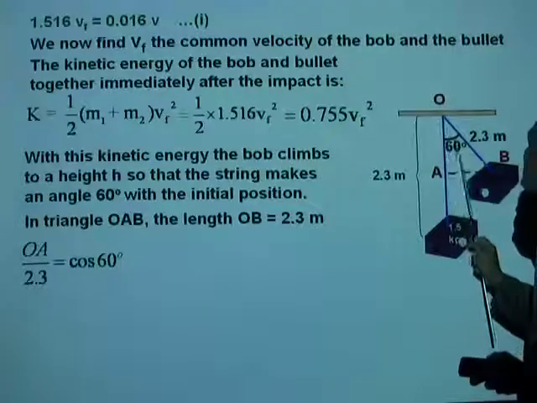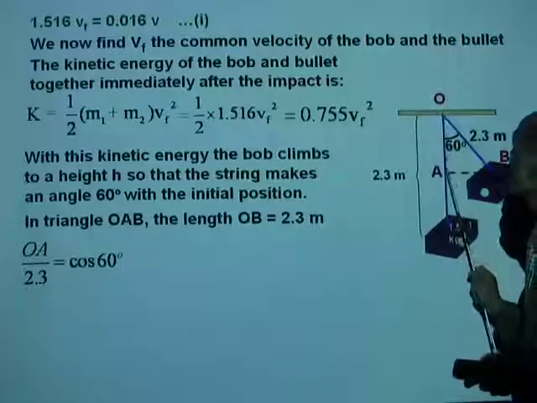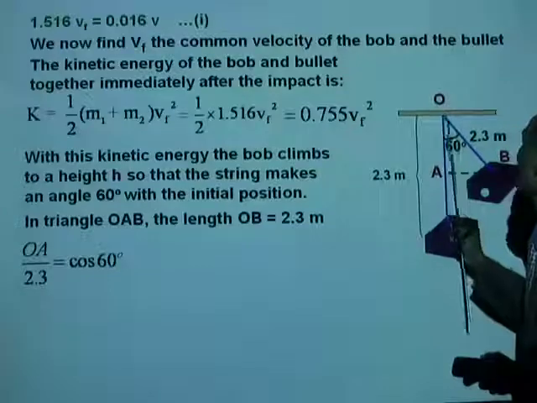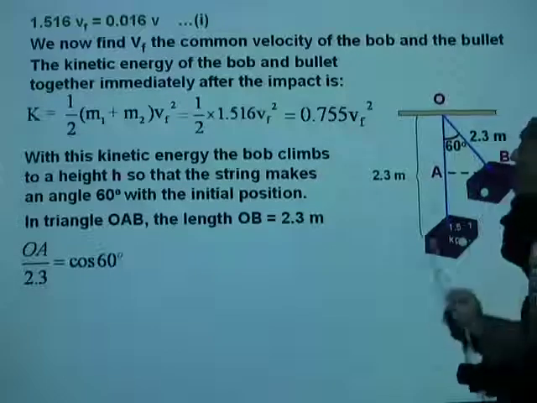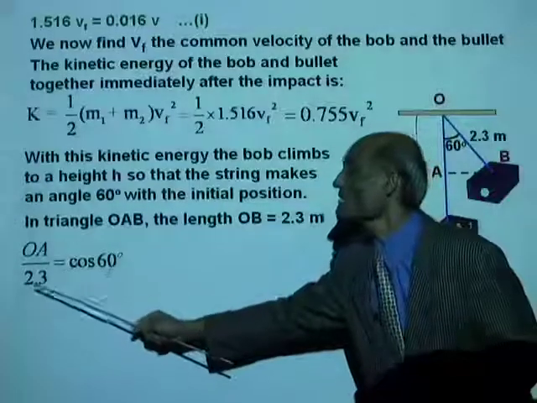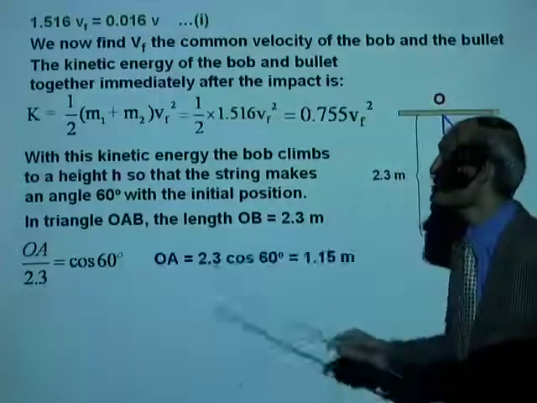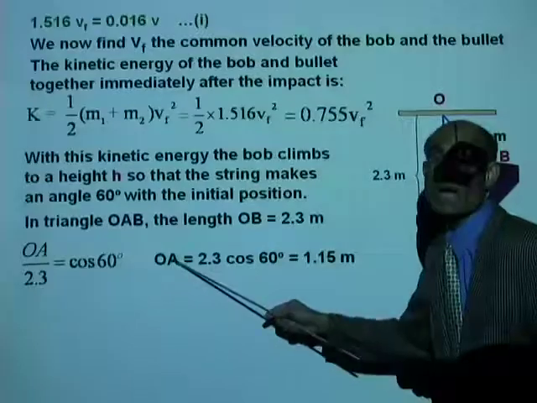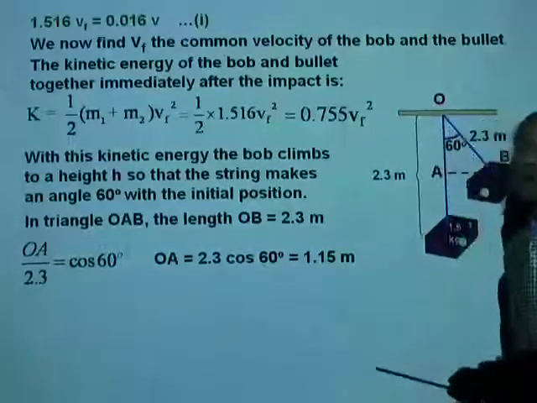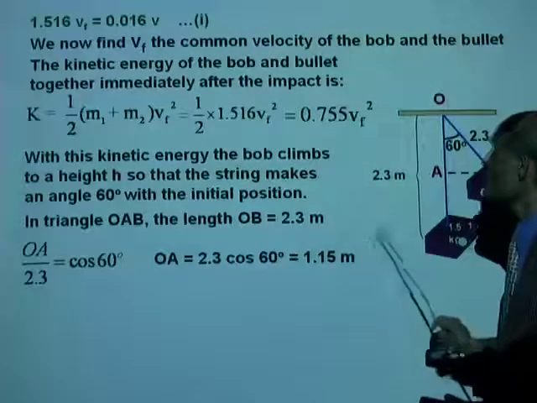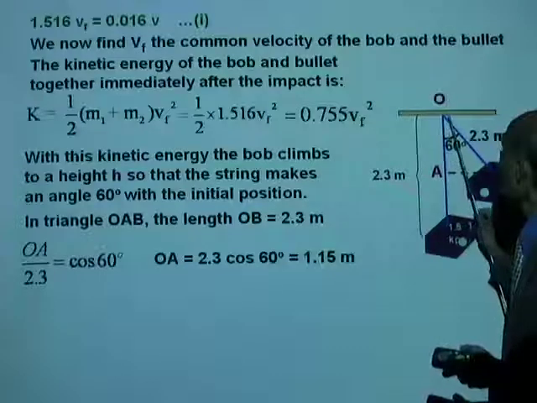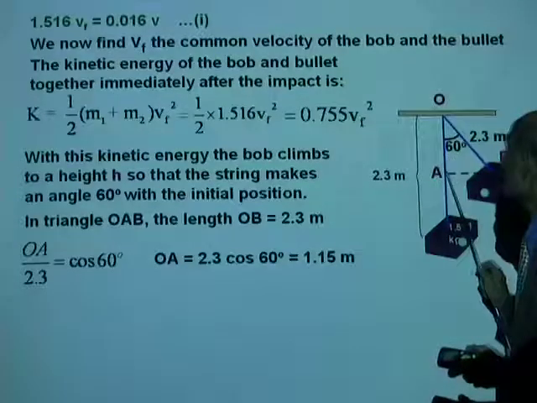Now, therefore, we can find the length OA. You see, if this is 60 degrees, OA is the adjacent side and 2.3 is the hypotenuse. Therefore, OA divided by 2.3 is cos 60 degrees, and that gives us OA equal to 2.3 cos 60 degrees. That is 1.15 meter.